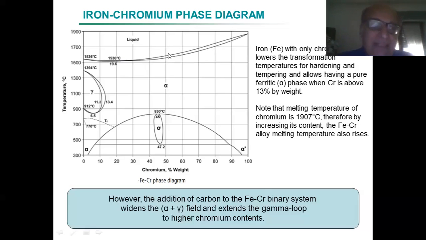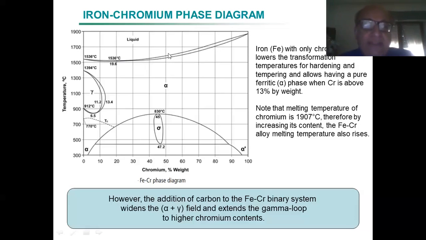Therefore, when you start adding a substantial amount of chromium, the temperature goes up, but you need to add 40 or 50% of chromium. And this is not usually the case. Why so?